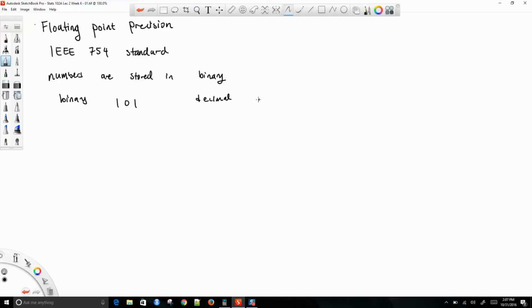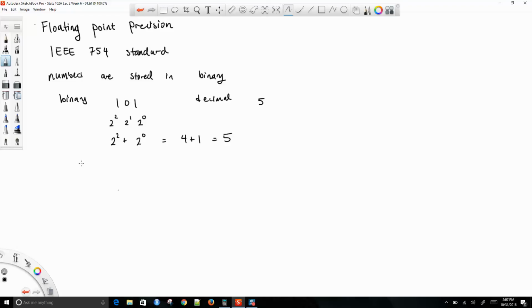This is 5, right? Because this spot represents 2 to the 0, this spot represents 2 to the 1, and this spot represents 2 to the 2. And so this means we have 2 to the 2 plus 0 2 to the 1s plus a 2 to the 0, so this is a 4 plus a 1, and we get 5, right? Is that okay? With a little bit of practice, you'll get this binary stuff down, okay?